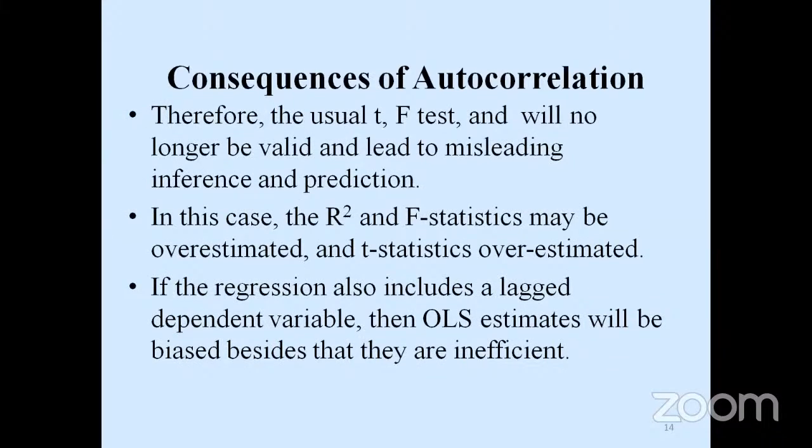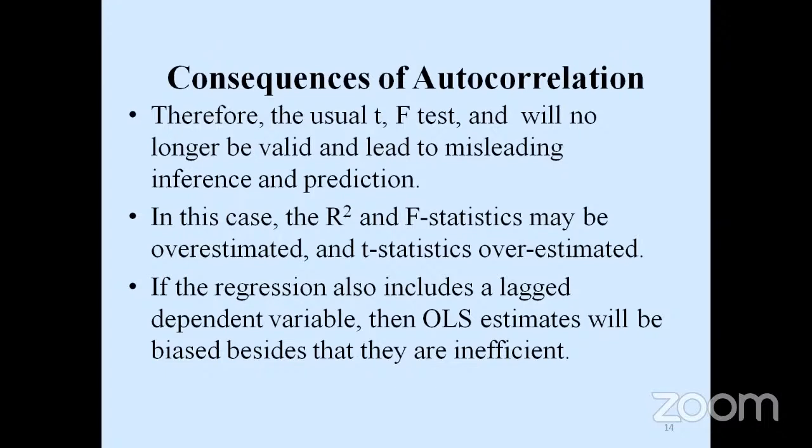So what happens if that is so? Therefore, the usual F test will no longer be valid and will lead to misleading inference and prediction. This is what generally happens if we have high autocorrelation. Those who work in autoregressive distributed lag models in econometrics will definitely have experienced this phenomenon, because I also worked on this in one of my papers on autoregressive distributed lag models.